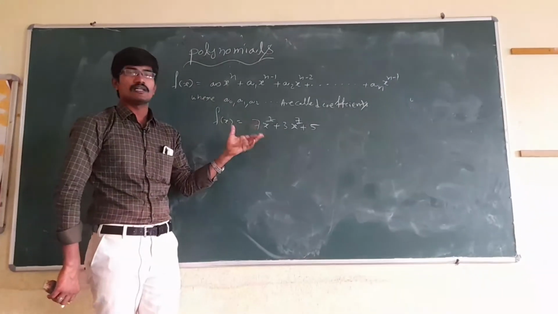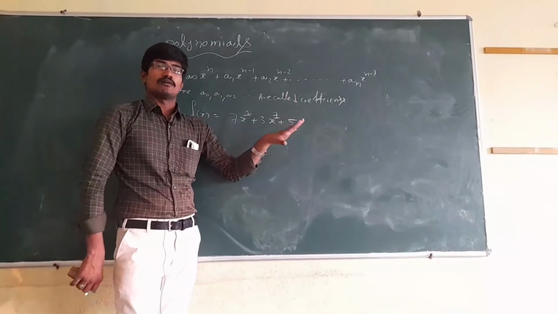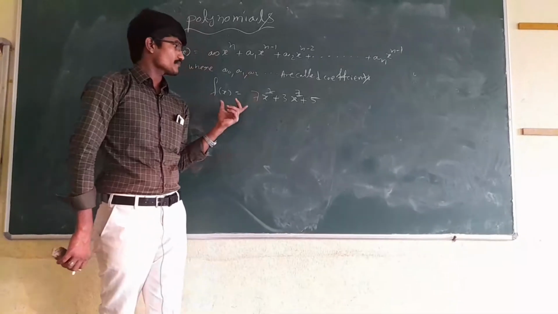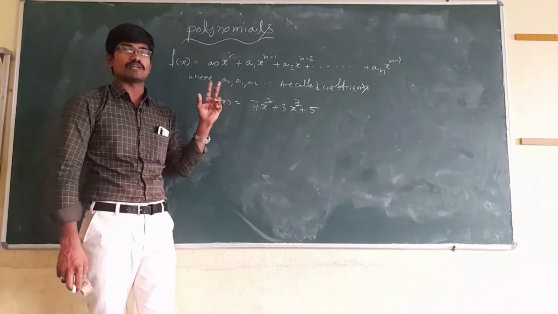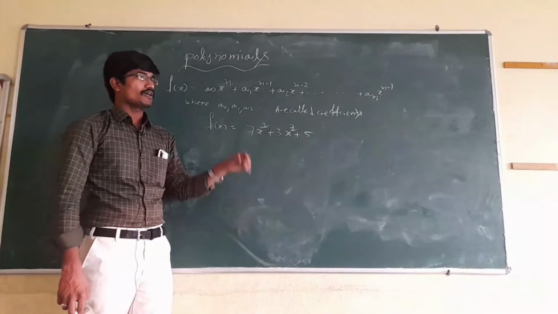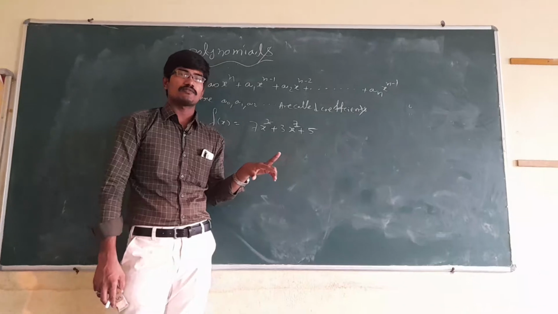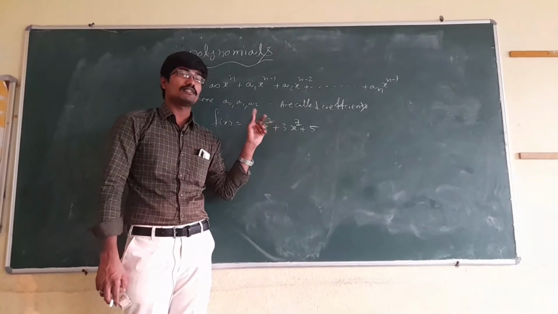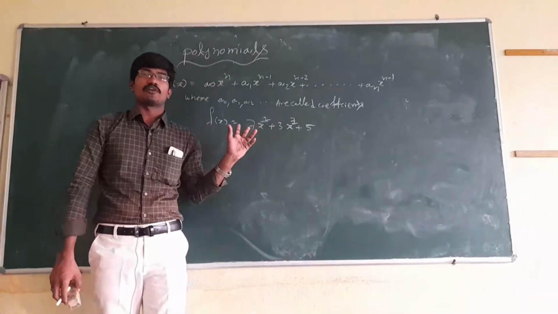Then we say this algebraic expression is a polynomial. We check two conditions: first, whether the variable powers are non-negative, and next, whether the variable powers are integers. If both are satisfied, then it is a polynomial.